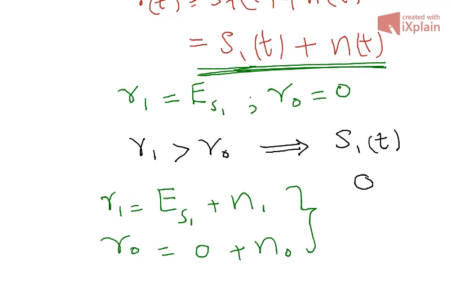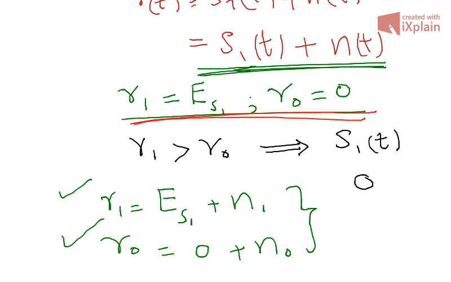You can just repeat the same analysis and you would end up with these results in the presence of noise. In the absence of noise, of course, you can get these values, and it can be detected easily.